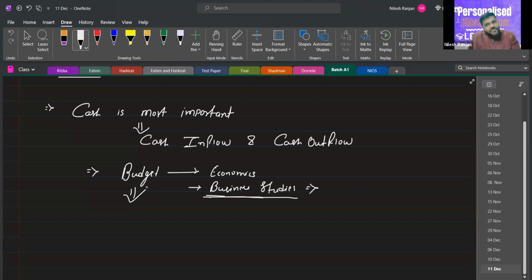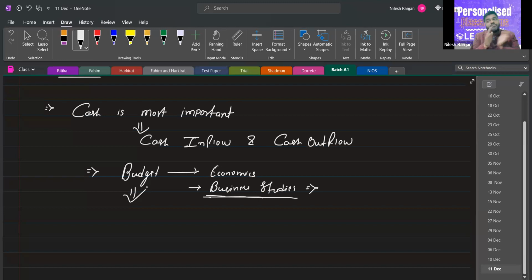Yes. So budget is prepared by companies also and also the government obviously, because the main duty is to prepare budget and see how much income and expenses they are going to incur. So we are talking here about the company, not the government.